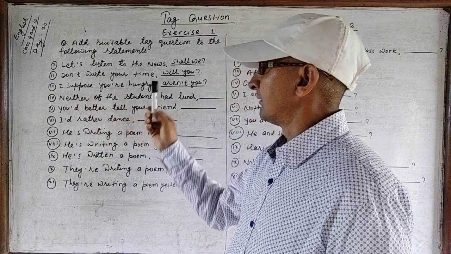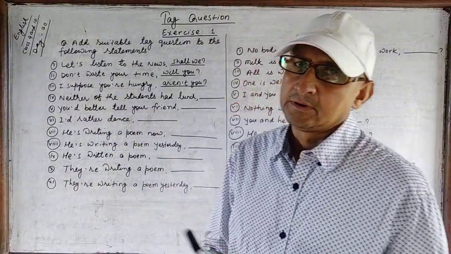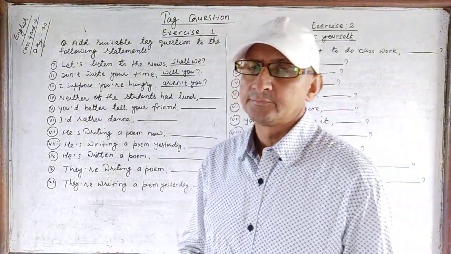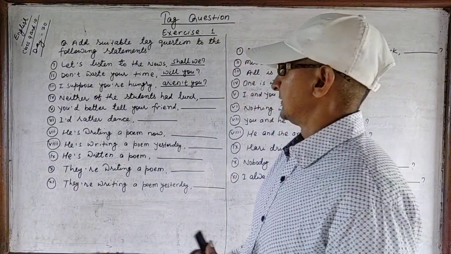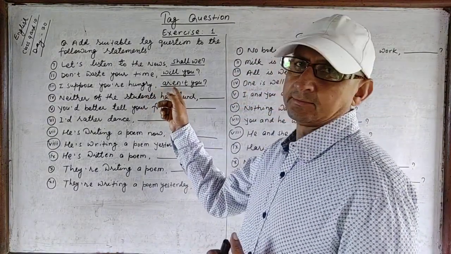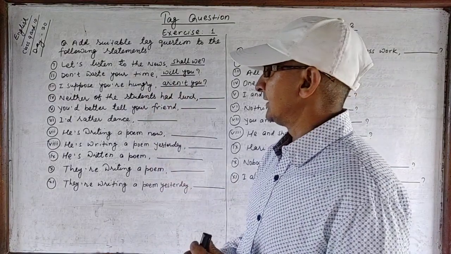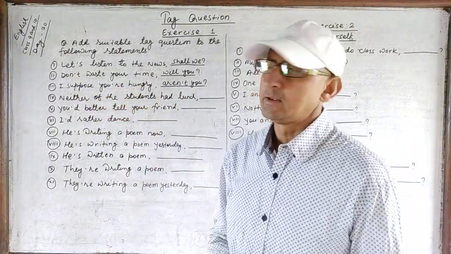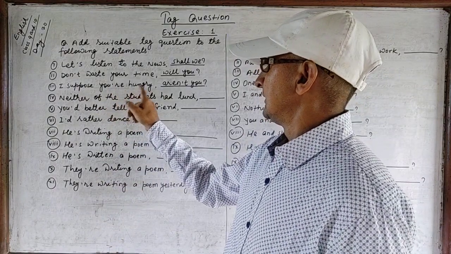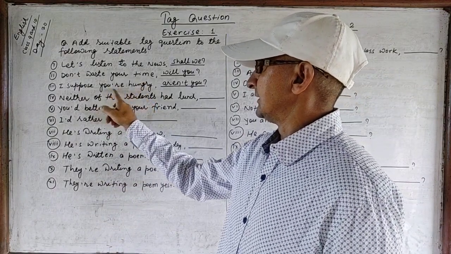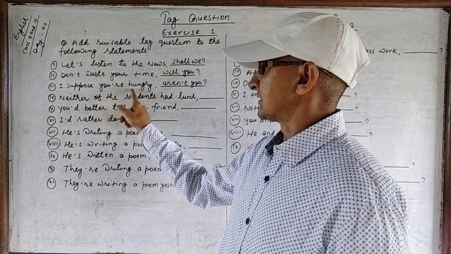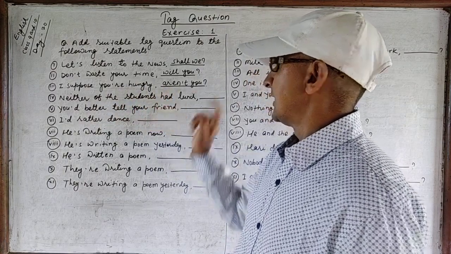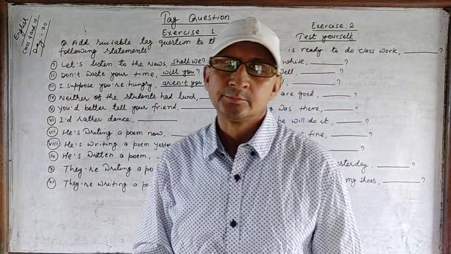You are hungry is another clause. While writing the tag, we use the later, the second clause. So you are hungry is the second clause or later clause. So we have written here, aren't you.